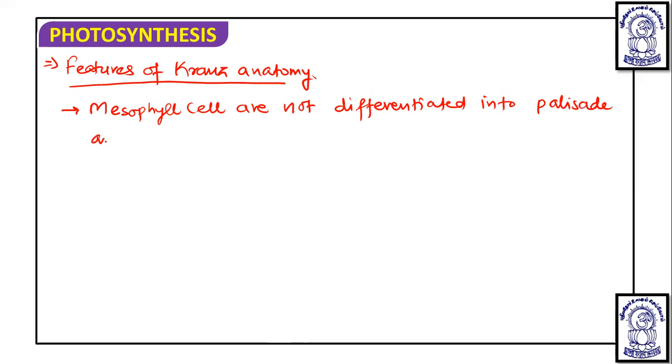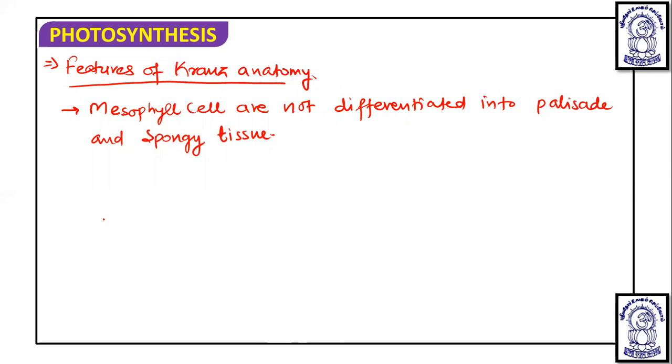Mesophyll cells are differentiated into palisade parenchyma and spongy parenchyma in the dicot or dorsiventral leaf, but not in the isobilateral or monocot leaf, and such a thing is seen in this Kranz anatomy.